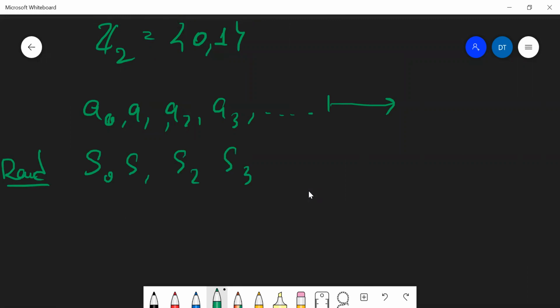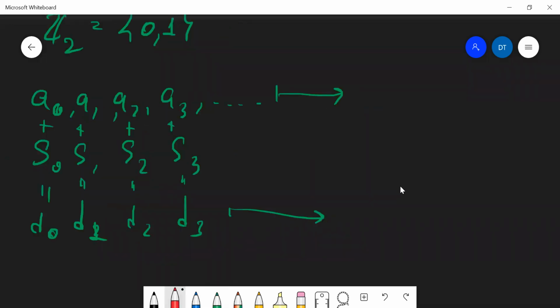Instead of sending the initial sequence, you consider the sum modulo 2 of these elements, and the result will be D0, D1, D2, D3, and you send this sequence instead. Then, if you want to decrypt the message, you must know the whole sequence S0, S1, S2, S3.